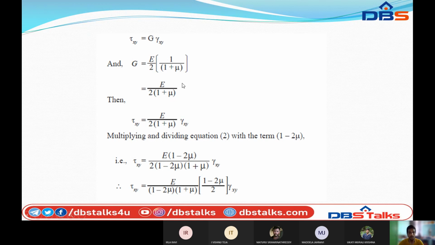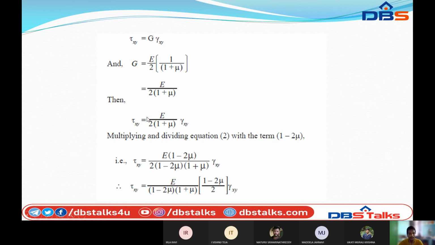Remember, this is an important equation. Substituting the value of G in the equation of tau xy, tau xy equals E by 2 into 1 plus mu times gamma xy. After multiplying and dividing, tau xy equals E into 1 minus 2 mu divided by 2 into 1 minus 2 mu, 1 plus mu, times gamma xy.